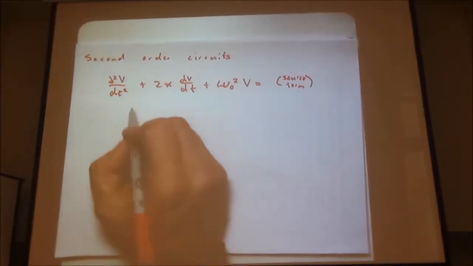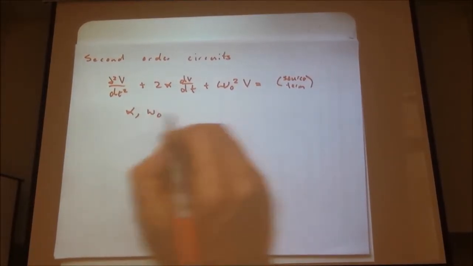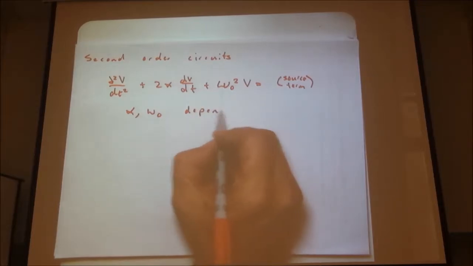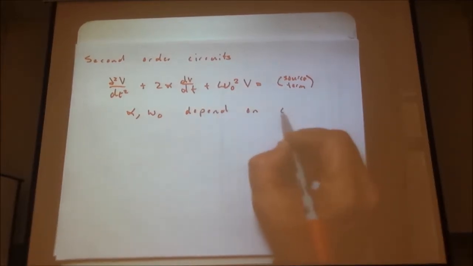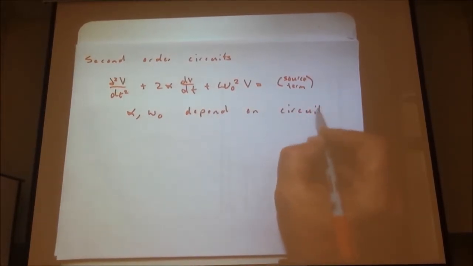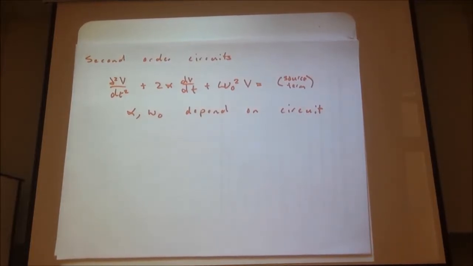Now finding alpha and omega naught, they depend on the circuit. And that's from the KCL analysis. We've done it a few times, certainly the RLC series and RLC parallel, iconic classic circuits.